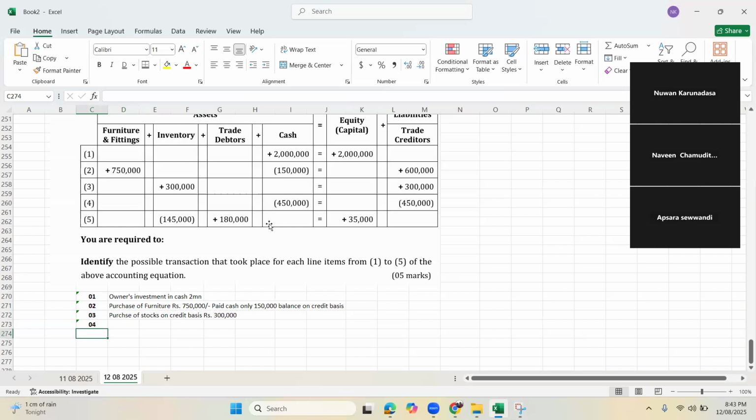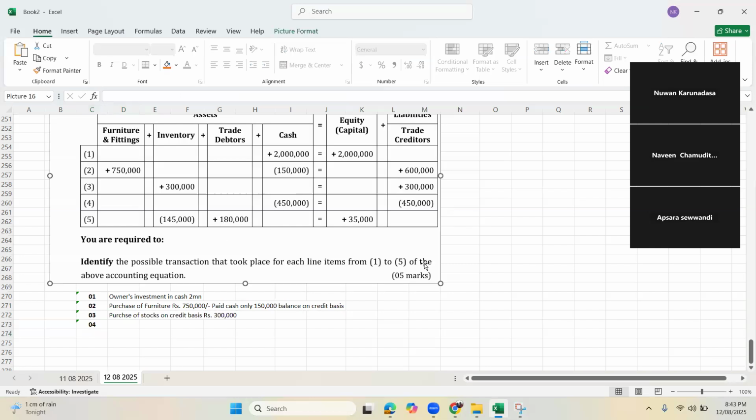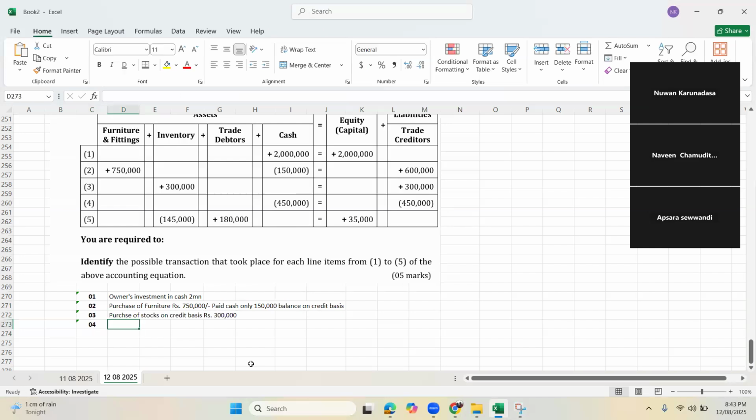Apsara, try. Cash come down, creditor come down. Think, Apsara. Paid a loan? Here it's not a loan. They say creditor, trade creditor.